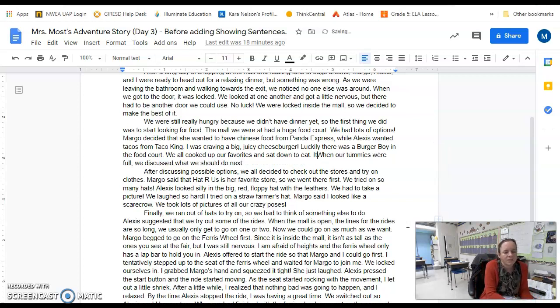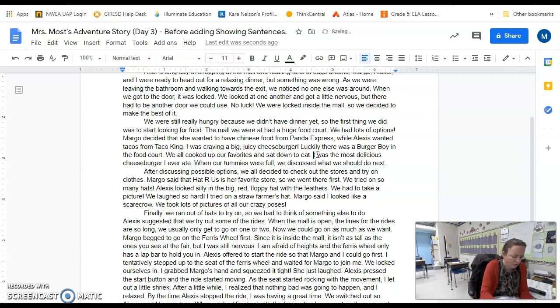Let's see. It was the most delicious cheeseburger I ever ate. And actually, I'm going to put something in the front here. So what made it the most delicious?